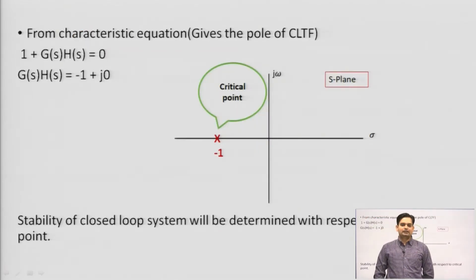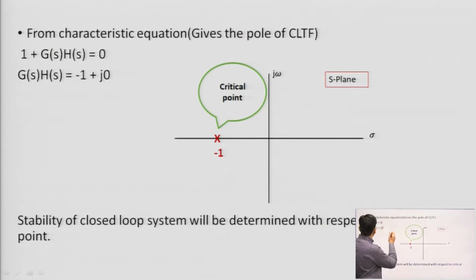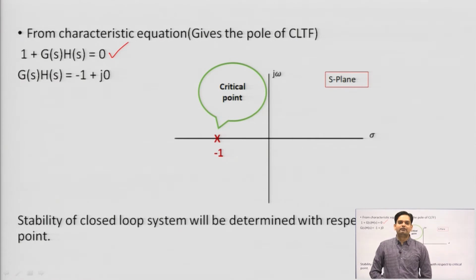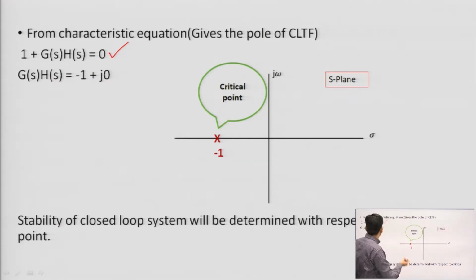So, during this polar plot, we need to observe our old characteristic equation, which is giving us the closed loop pole, that is 1 plus G(s)H(s). What is G(s)H(s)? We already discussed this equation in the previous unit and previous lecture. So, to determine the critical point in the polar plot, I have to equate this equation to 0, and G(s)H(s) will be equal to minus 1 plus j0.